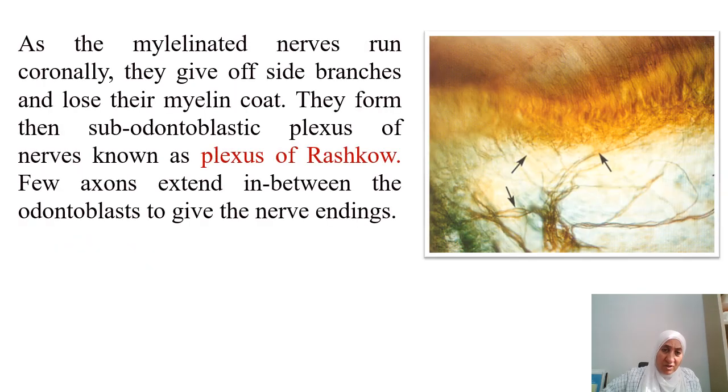As we mentioned, the nerves pass in the central core as myelinated nerves, and toward the odontoblasts they form a plexus, and this plexus of nerves is called the plexus of Raschkow. From this plexus of Raschkow, unmyelinated nerves pass toward the odontoblasts and go even into the dentinal tubules.